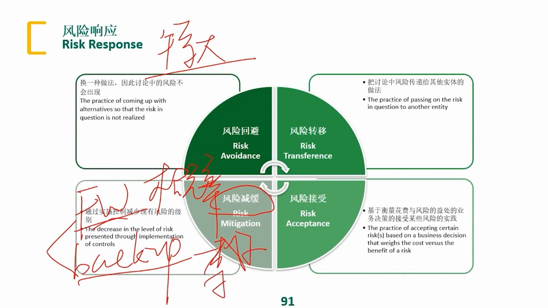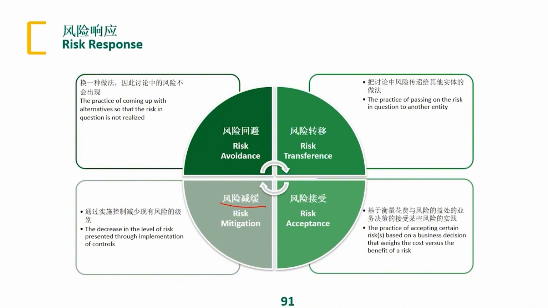Because the amount of data lost is reduced, I can at least restore most of it. For example, more than 90% of the data I can restore. So the so-called risk mitigation, risk reduction, we can understand as investing in equipment or building new technology to either reduce the loss of risk or reduce the probability of risk occurrence. This is risk mitigation. This is the second type.